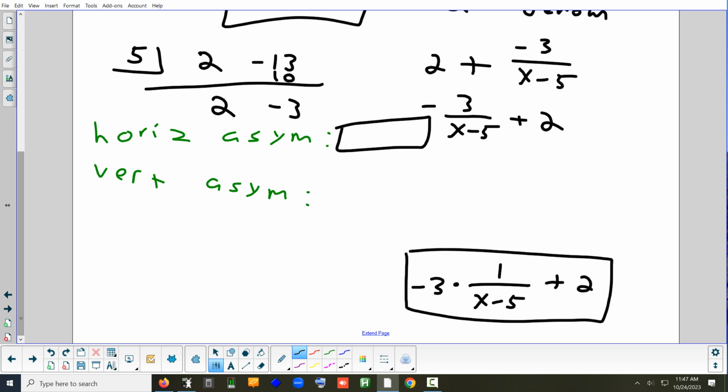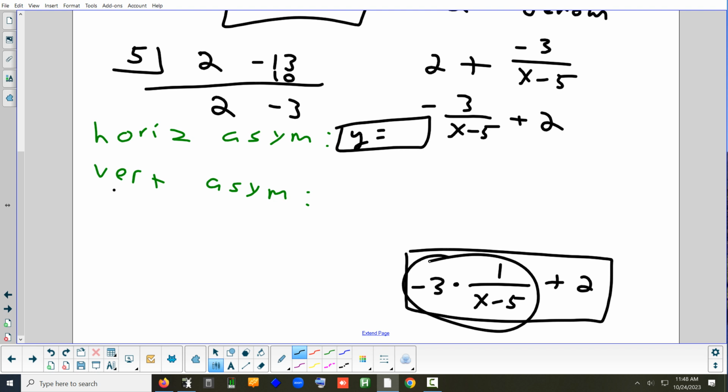All right, what's my horizontal asymptote here? You're thinking vertical. Remember, horizontal is what happens when x gets bigger and bigger. 2. As x gets bigger and bigger, this whole thing basically just disappears.